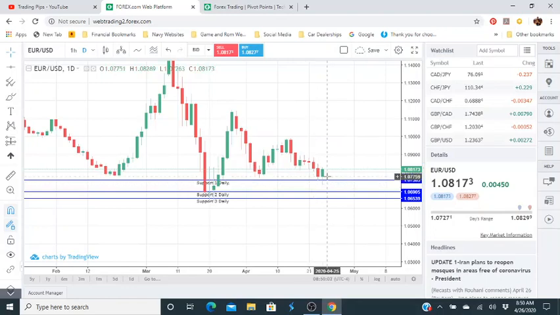And then we have a green candlestick that did the same thing. It touched the support 1 daily line and actually came down somewhere in between the middle of support 1 and support 2 before reversing back up. You see the full body of the candle, and then it started to head up. Once the market closed, it closed at 108.173.